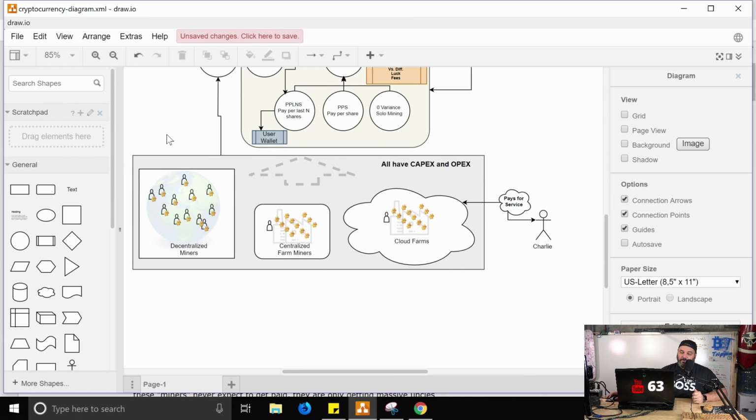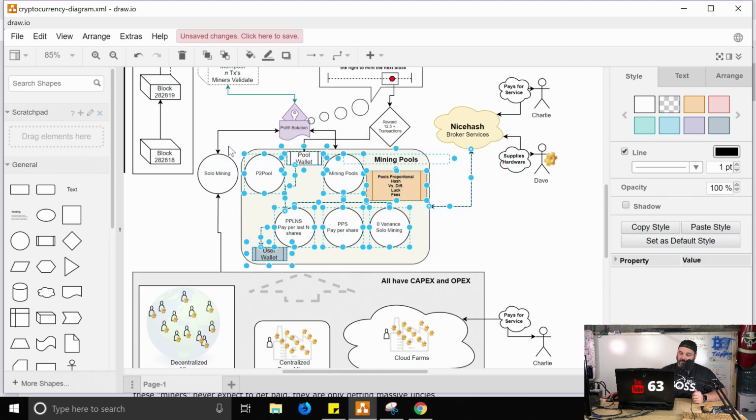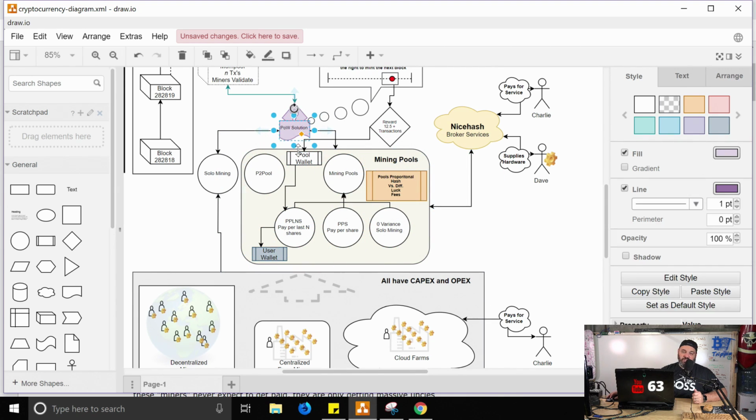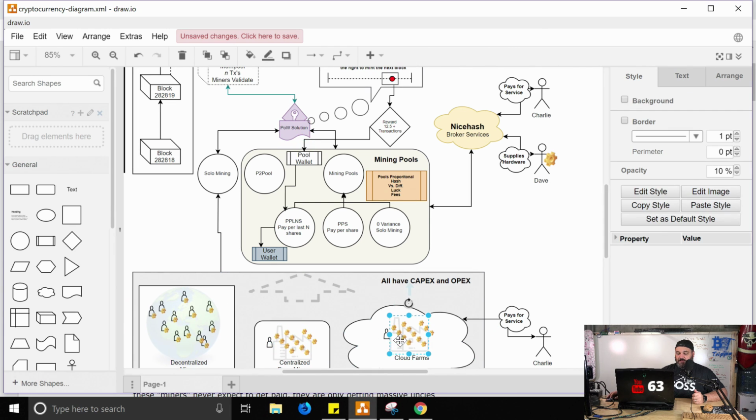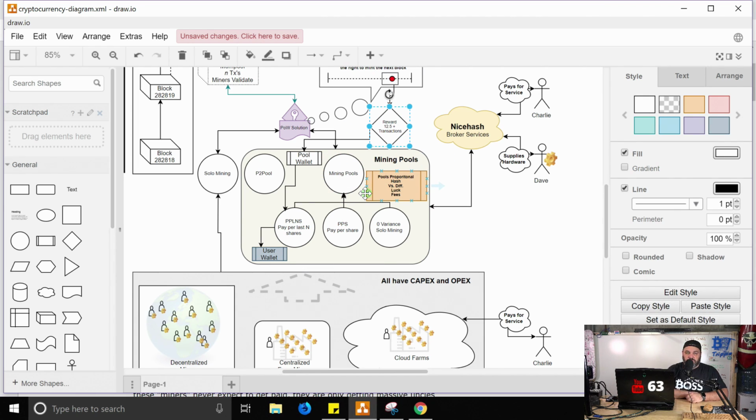Because your real big centralization is happening here, and it's done behaviorally, because we all want a higher chance at getting a proportional share of that block reward, right? So we create these buckets that we get into to try to get a higher frequency of that proportional share.